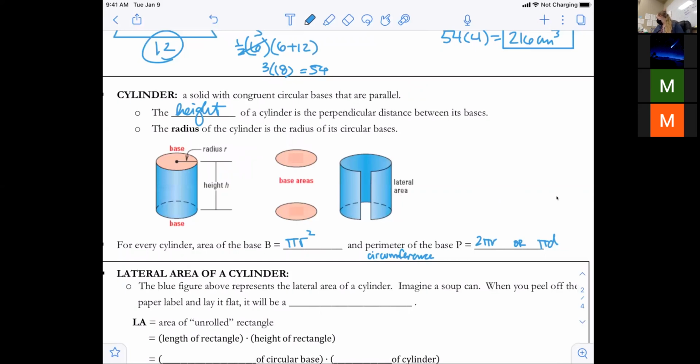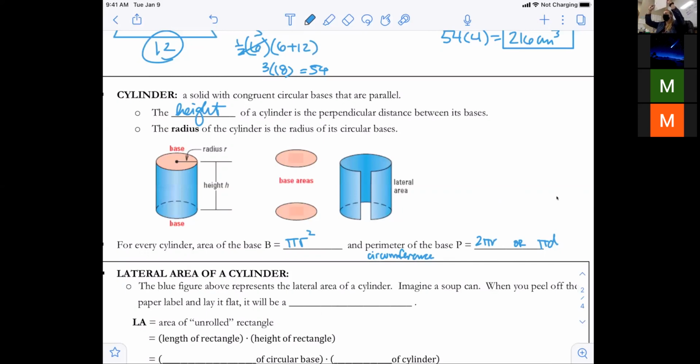Now, the funny thing about this with a cylinder, I like to think of it like a can of soup or a can of beans or a can of tomatoes. When you have a can of anything, it has a nice little label on it, right? Because you got to scan it at the grocery store. If you cut the label off your can of soup, it unfolds to be this nice rectangle.